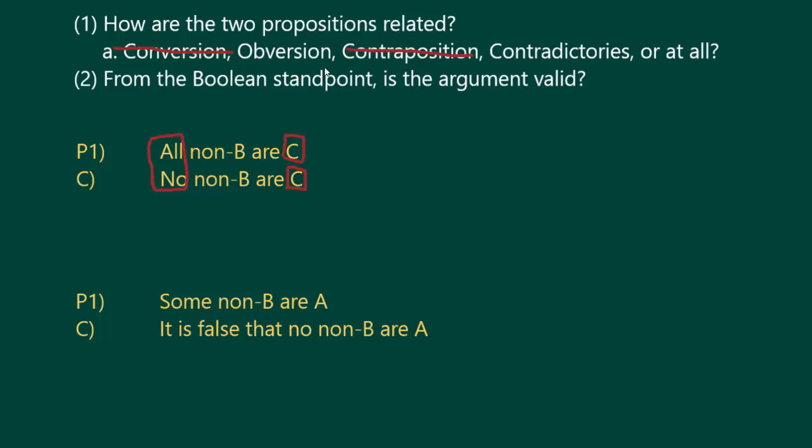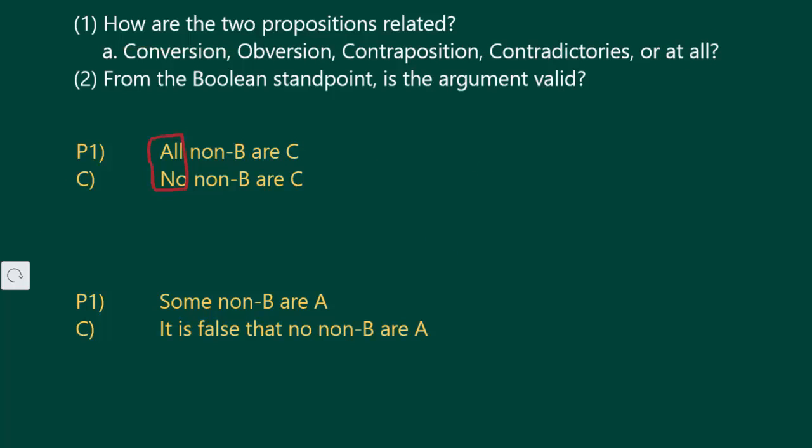They're not related by complementary class, so that rules out obversion. And the contradictory of an A proposition is an O proposition, but our conclusion is an E proposition, so that rules out contradictories. So the correct answer here is that they're not related at all in terms of these four relationships. And so from the Boolean standpoint, the argument is invalid. Just because the premise is true, it doesn't mean that the conclusion has to be true as well.